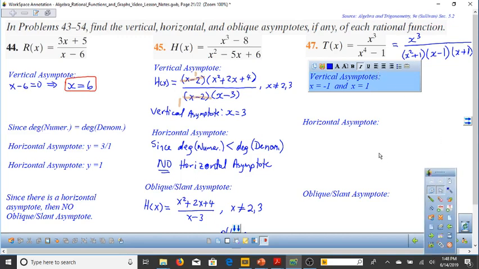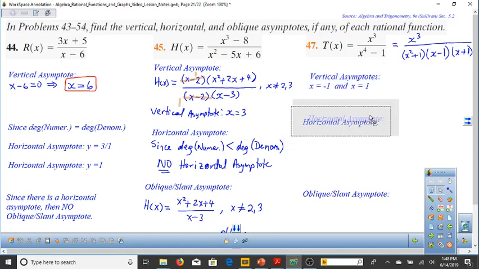Now let's take a look at the horizontal asymptotes. The degree of the numerator is less than the degree of the denominator, as you can see.